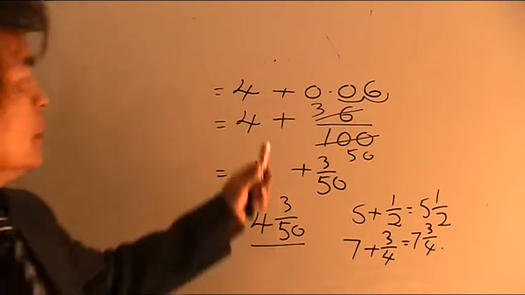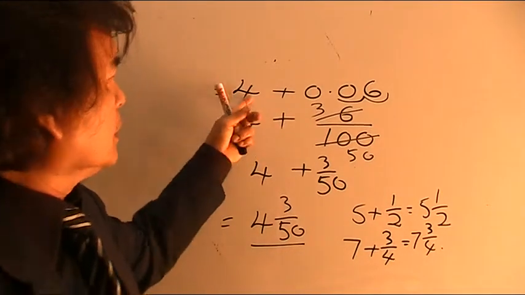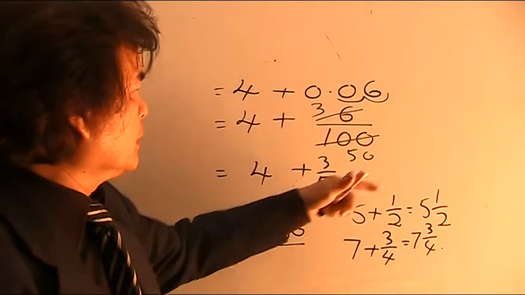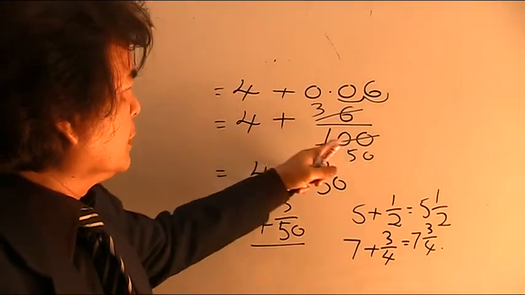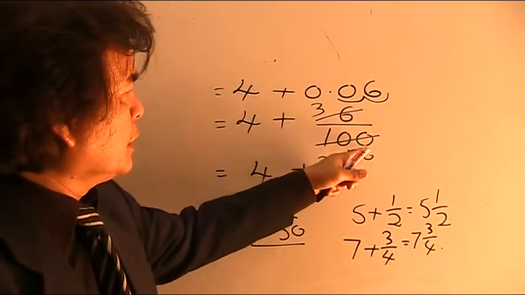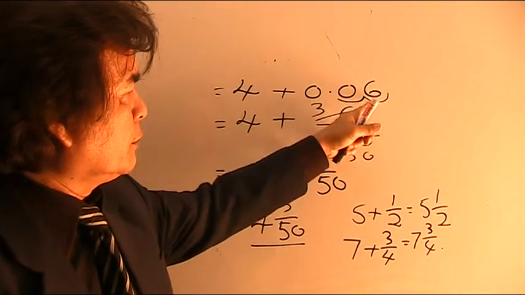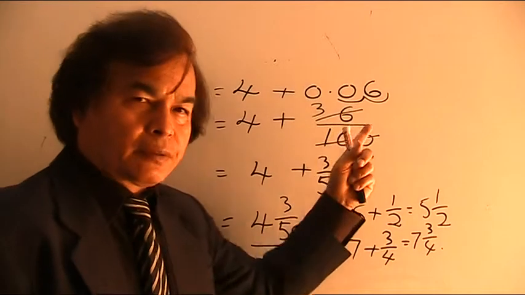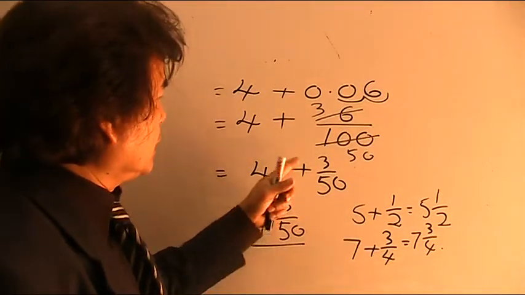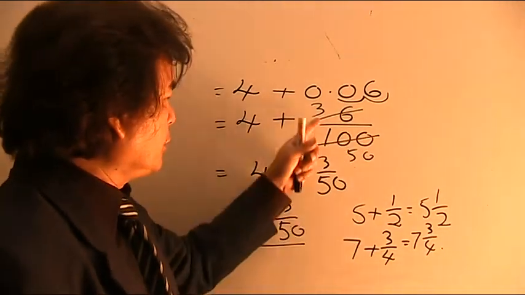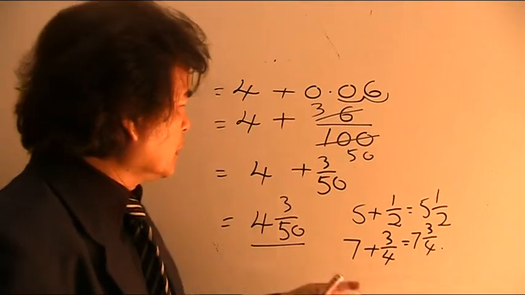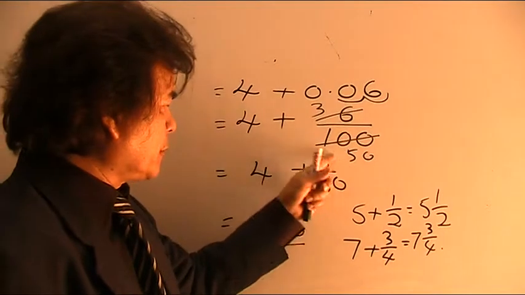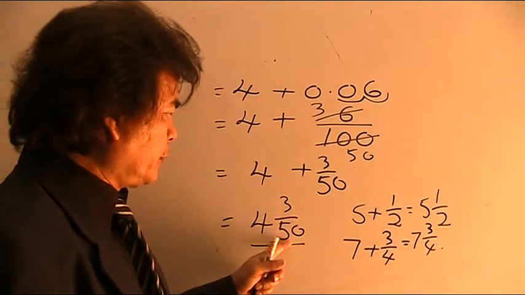It's very simple. You just break up the 4.06 into 4 plus 0.06, then 4 plus 6 over 100. Express this in the form of a fraction, and when you simplify, you get 3 over 50. Then you add the whole number plus this fraction, and it becomes 4 3/50.